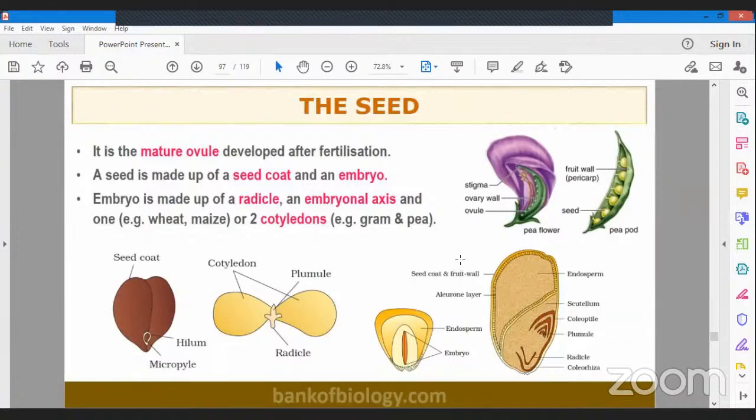Cotyledon can be one cotyledon in the case of monocots, or two cotyledons in the case of dicots. So take down, students. Even in the last chapter we have done about it.